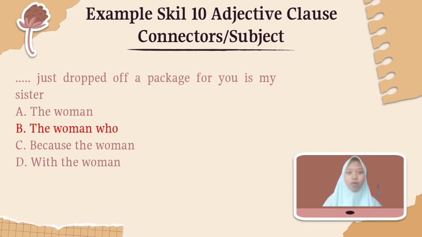B. The woman who has a subject and has a connector. C. Because the woman has a subject and a connector, but the connector because is an adverb, not an adjective. D. With the woman has a subject and a preposition. But the correct answer in this question is B, the woman who, because it has a subject and a connector.